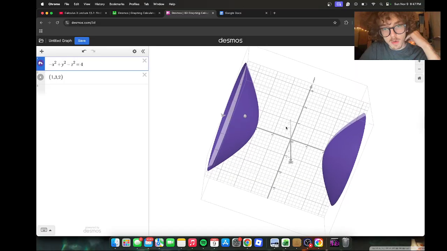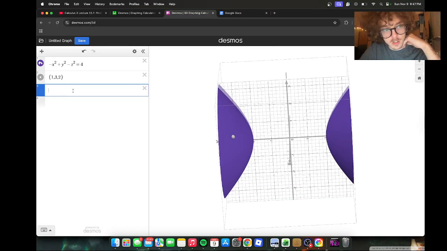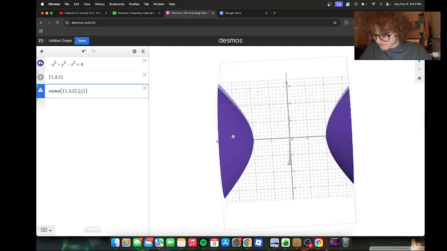Let's plot our vector for that normal. So if you type in vector and you put it as an ordered pair from one point to another, you can find that normal. So if we put in 1, 3, 2, and then we put in the terminal point of our gradient evaluated at 1, 3, 2, we're going to get negative 2, 6, negative 4.